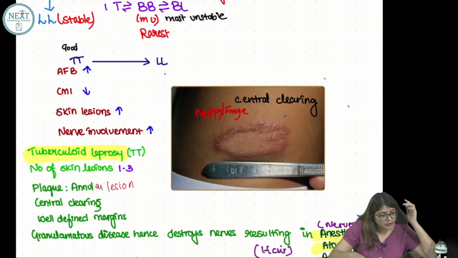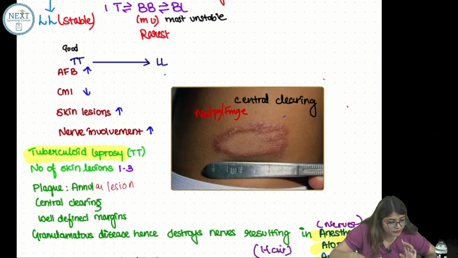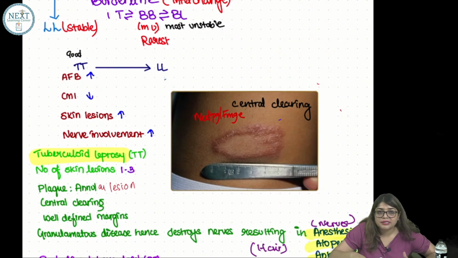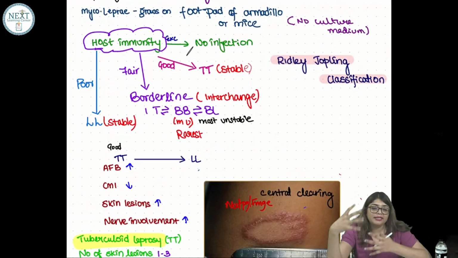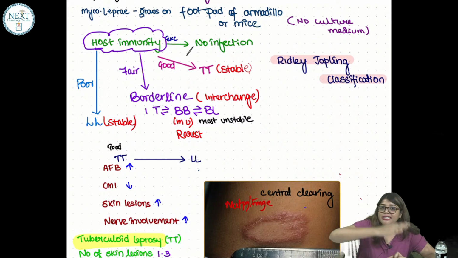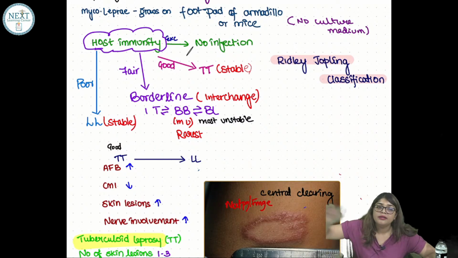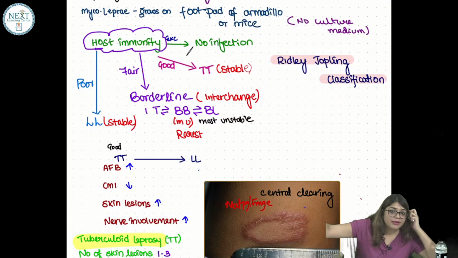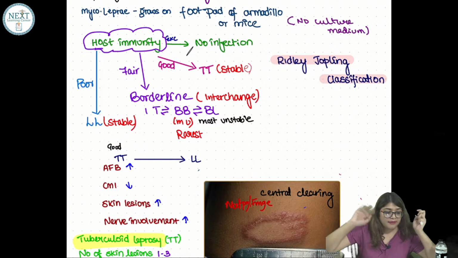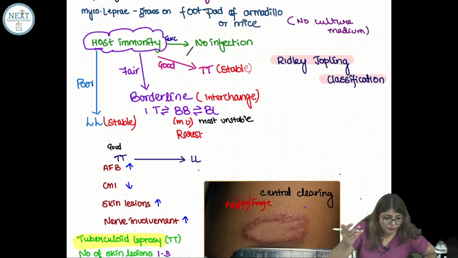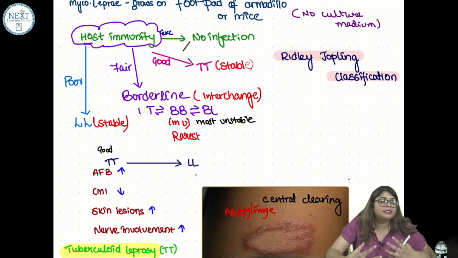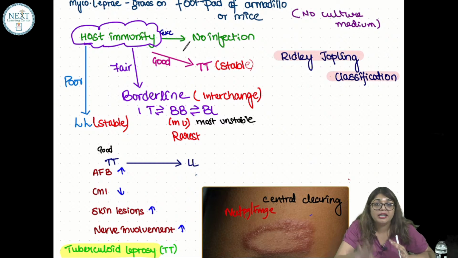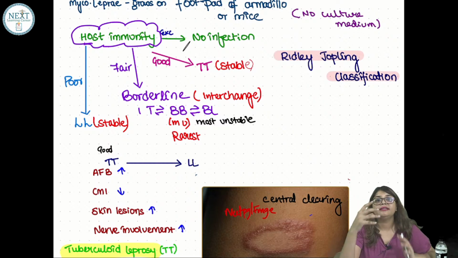Basically, do you want me to tell you the theory part of leprosy? Do you want? So basically, your TT, I told you, from T it will go to lepromatous. Let me explain it to you. So your leprosy depends on your host immunity. If the immunity is excellent, you will not have leprosy.